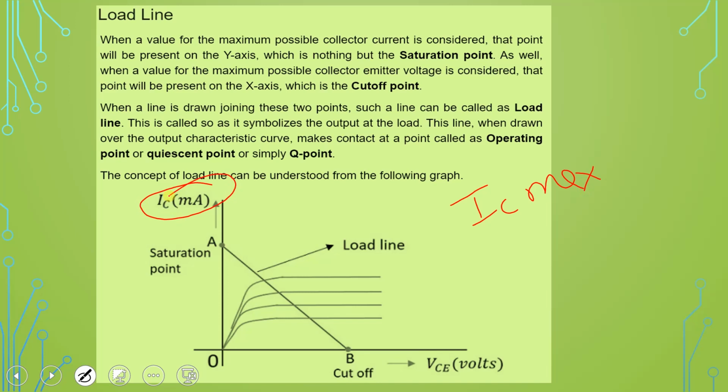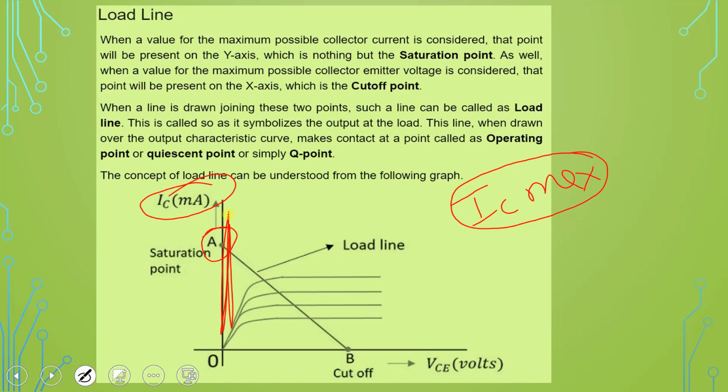For the load line we consider IC maximum. So this point is our IC maximum. How this point comes, I will discuss. This is nothing but the saturation point, because this point lies in the saturation region.